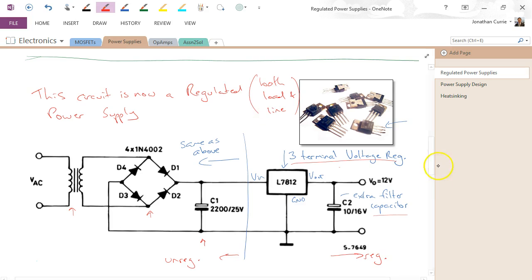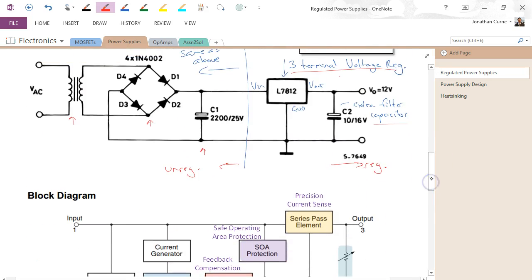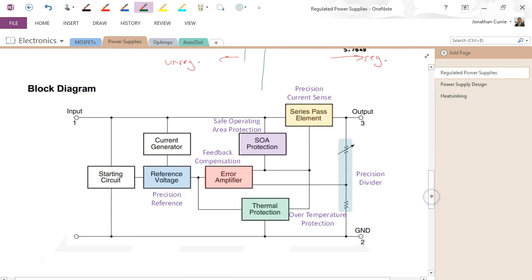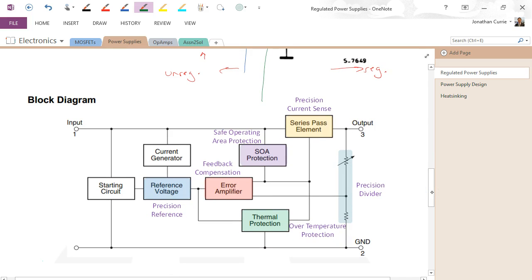So let's have a look how it actually does this. If we come down to this block diagram, which is this device here, or can be a range of devices, but commonly a block diagram would look something like this of their internals. So this is the internals of that 3-terminal device. What we see is we have a series pass element which is controlled by an amplifier, and we have some feedback, right?